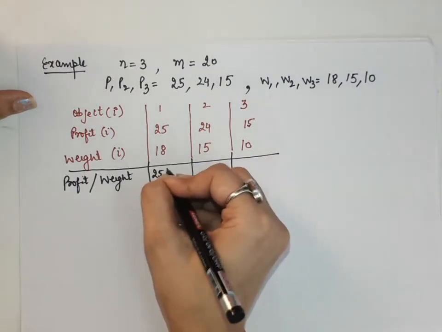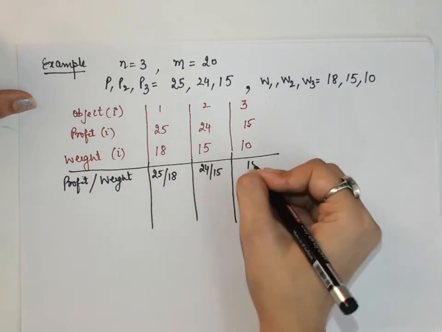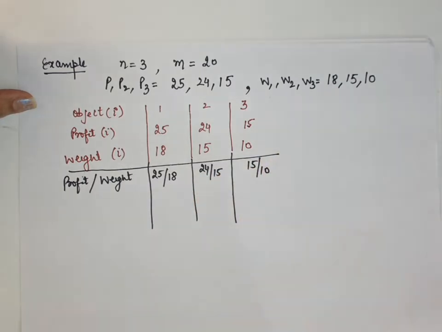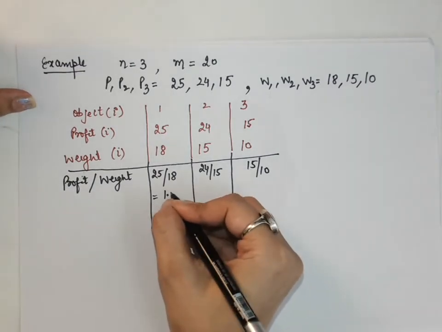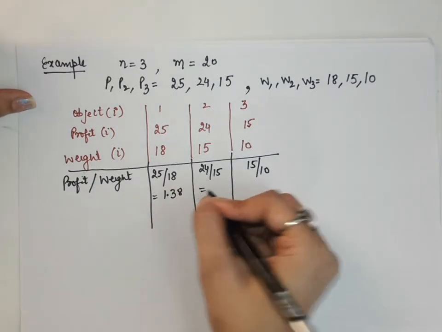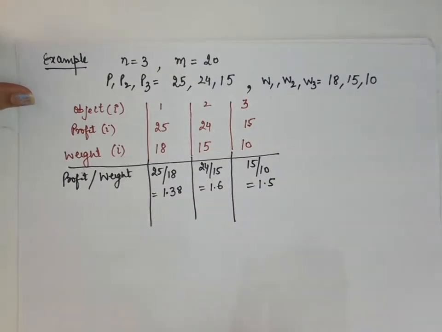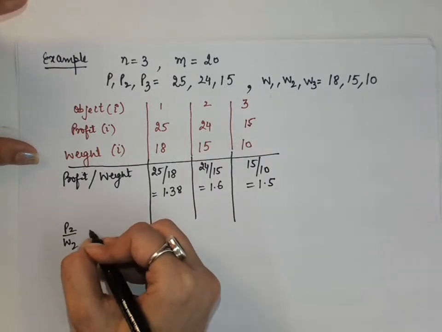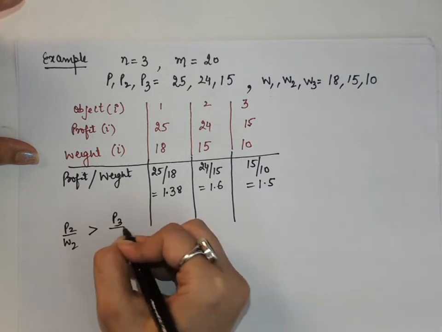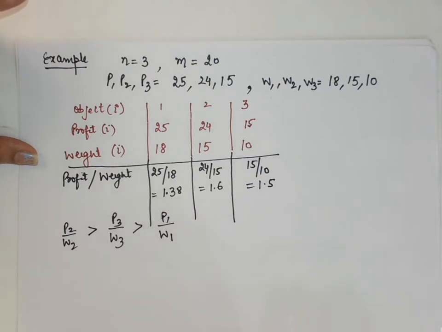So 25 by 18, 24 by 15 and 15 by 10. So if I calculate, the value is 1.38, 1.6 and 1.5. Now I see P2 by W2 is greater than P3 by W3 is greater than P1 by W1.